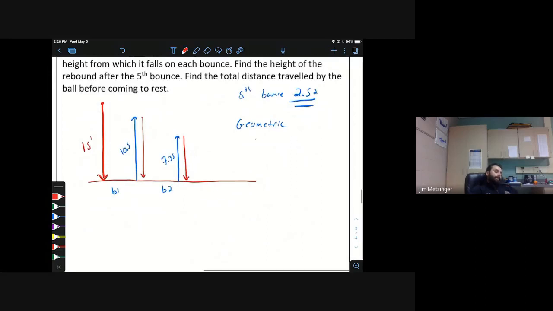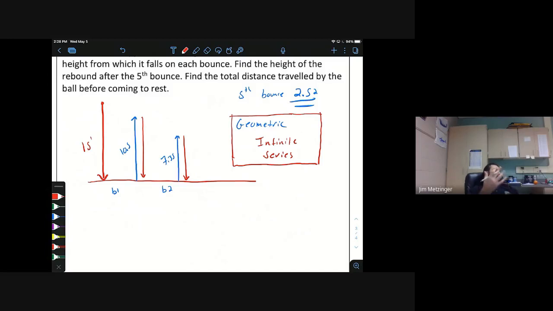This is called an infinite geometric series, and we're going to spend some time studying this next week. But since we did a word problem here, this is a cool little problem. Infinite geometric series have their own summation formula.